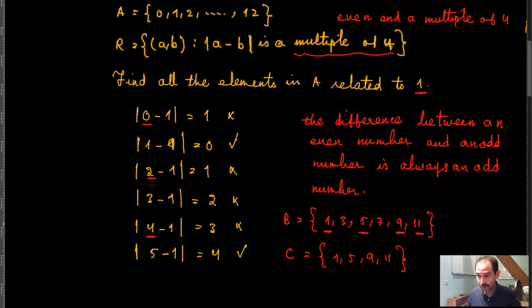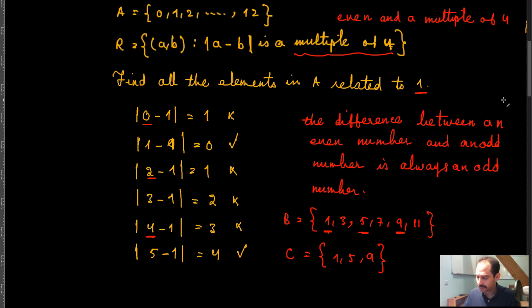Well, that is of course correct, because 11 minus 1 is equal to 10, which is of course not a multiple of 4. So then you can say that the numbers you're looking for, 1, 5 and 9, are the numbers related to 1 under R. So basically we understand what that actually means.